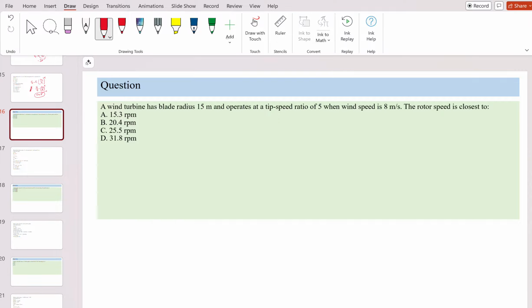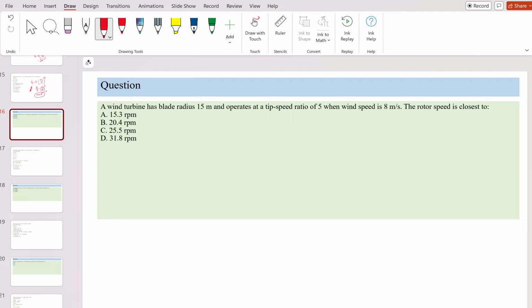Okay, I got one more answer, option C. Let me give some more time for others also to understand. Okay, option C. Let me give the solution.